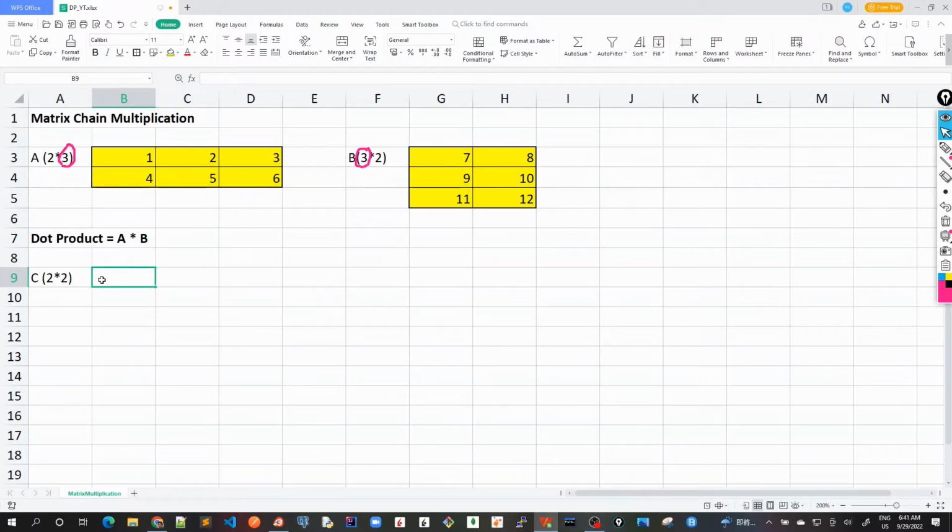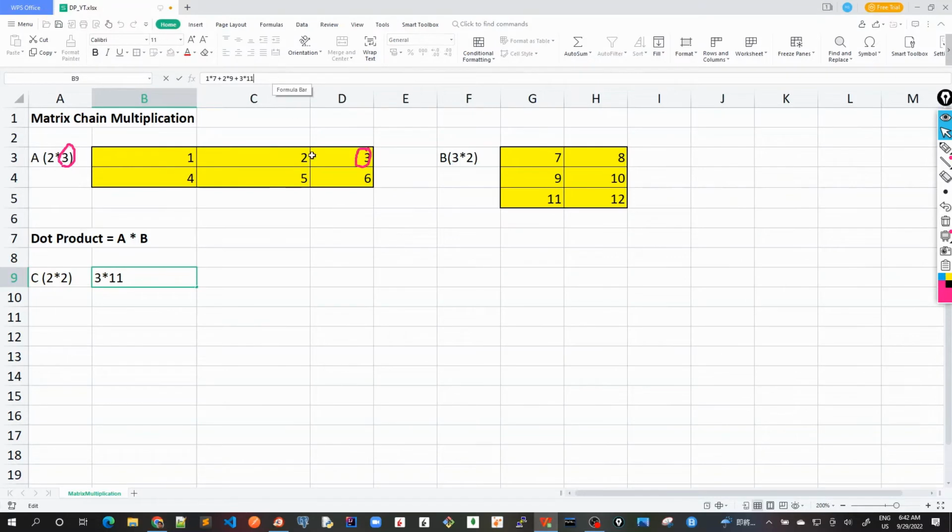The formula of the first cell would be 1 multiplied by 7 plus 2 multiplied by 9 plus 3 multiplied by 11. Let me write it down quickly. So 1 multiplied by 7 plus 2 multiplied by 9 plus 3 multiplied by 11. Similarly, for the second cell, the formula would be 1 multiplied by 8, 2 multiplied by 10, and 3 multiplied by 12.